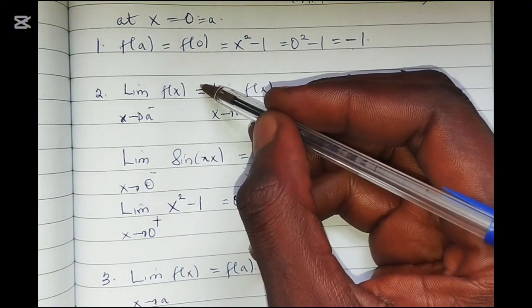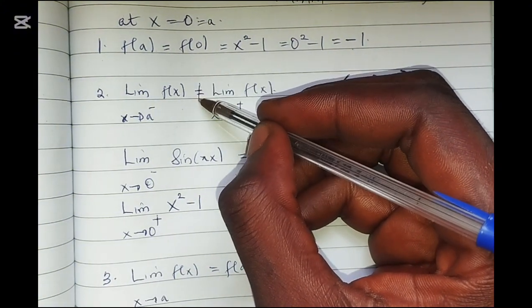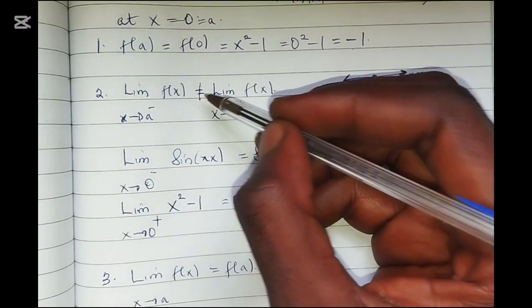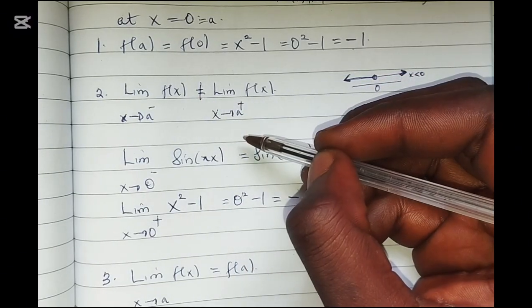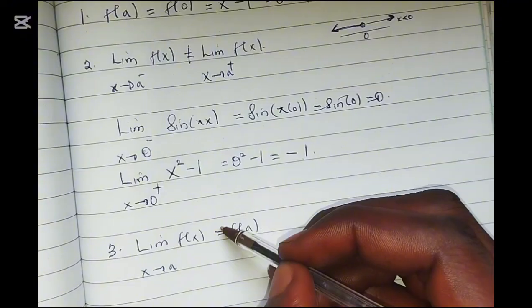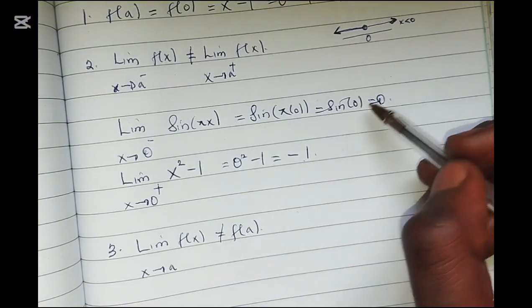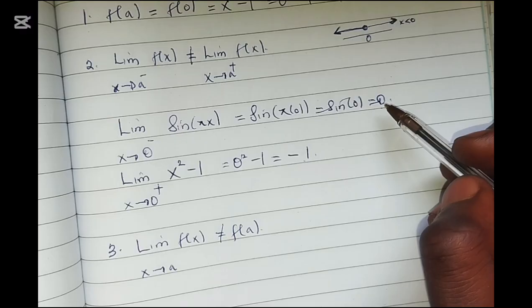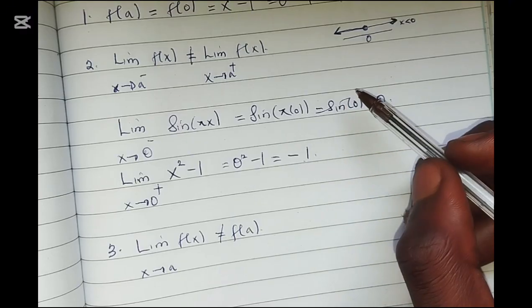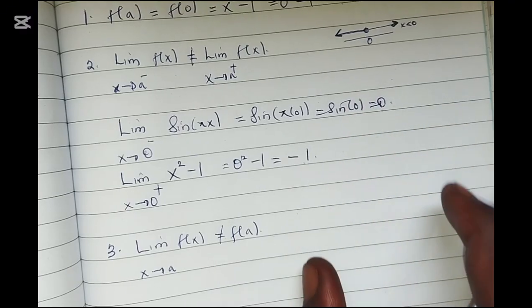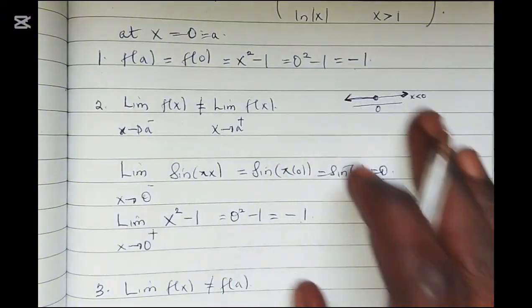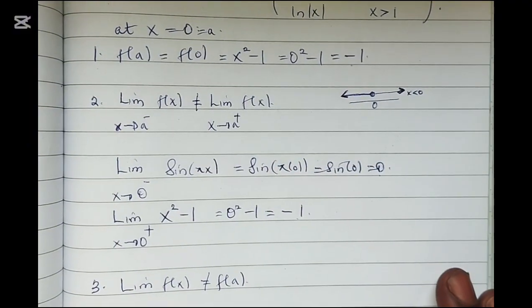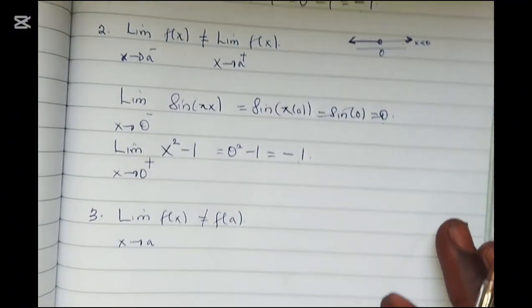So you can say the limit as x approaches a from the left hand side of f of x does not equal the right hand side limit, which means this will also fail, and we call such a discontinuity a jump discontinuity. We get a jump when the limits do not match each other. So at f of 0, the function is discontinuous.